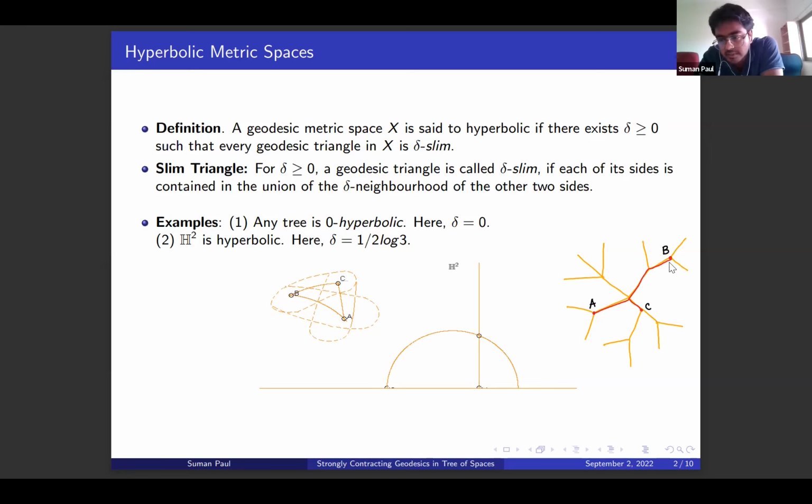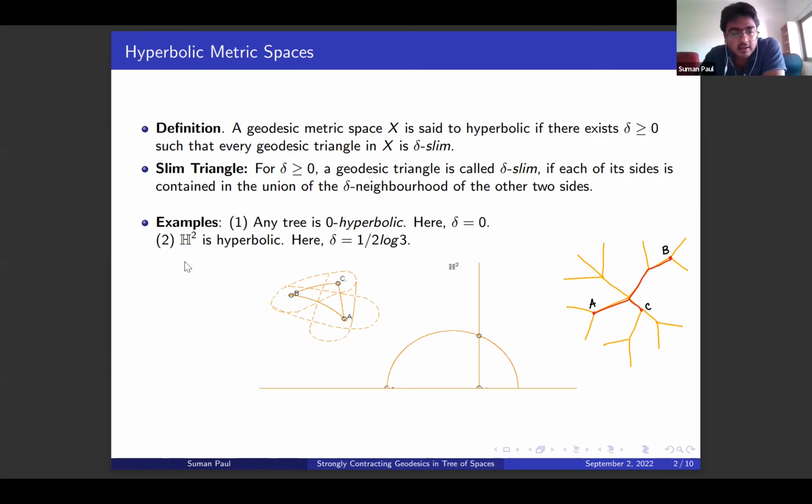And joining BC will be this line. And see that the geodesic joining AB is contained in the union, right? So this is in the union. So you don't have to take any positive delta. So any tree is zero hyperbolic.